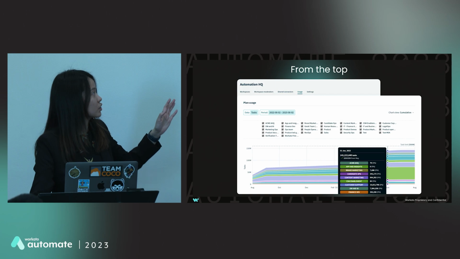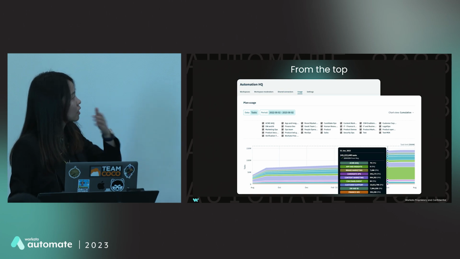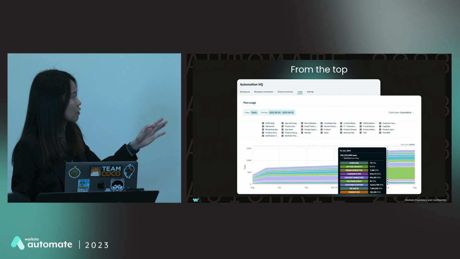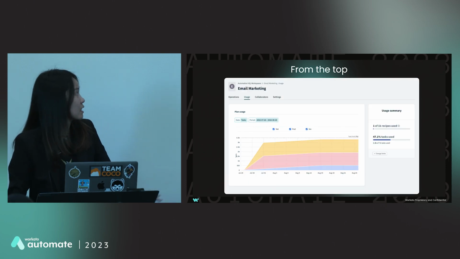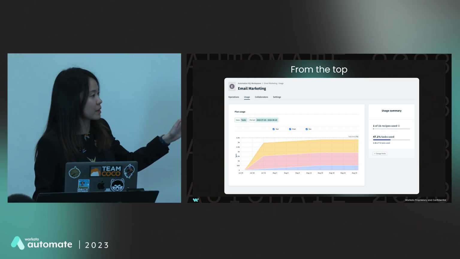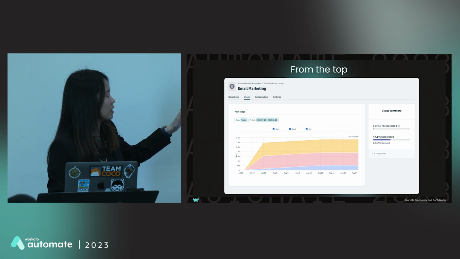In AHQ, in the usage tab, you can see the usage across all your workspaces. You get a high-level overview of what is being used across all your teams.